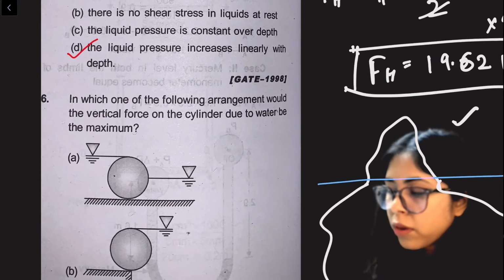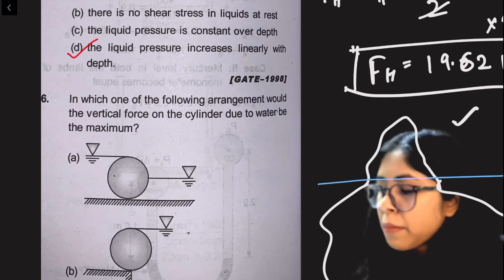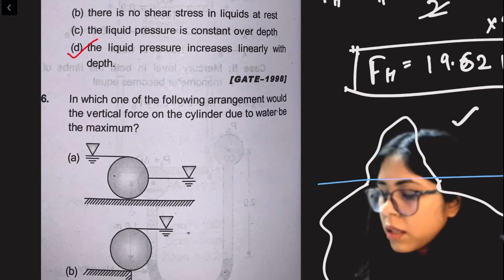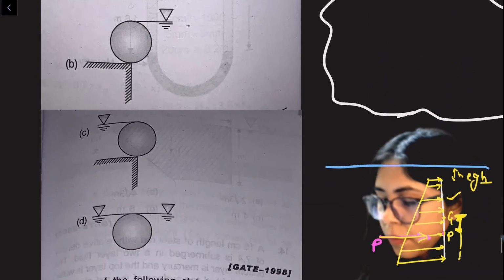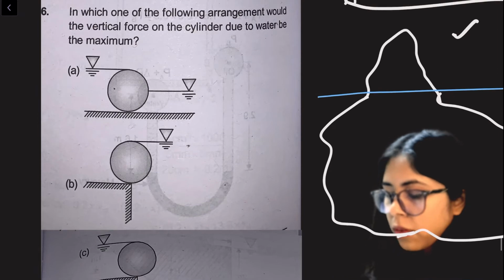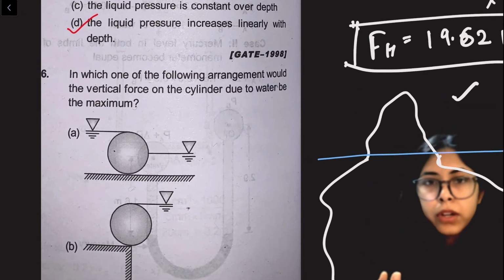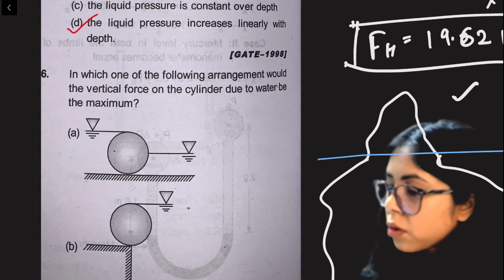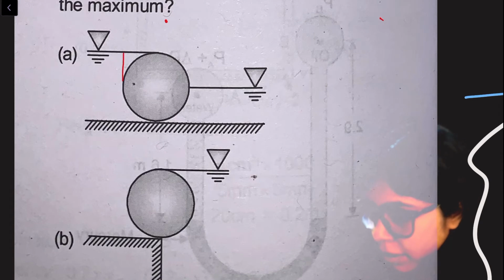In which one of the following arrangements would the vertical force on the cylinder due to water be maximum? See, vertical force due to water be maximum. These are the four conditions. So vertical force is nothing but the weight of liquid supported, right? So let's say this much liquid is supported here. Above this surface this much liquid is there.